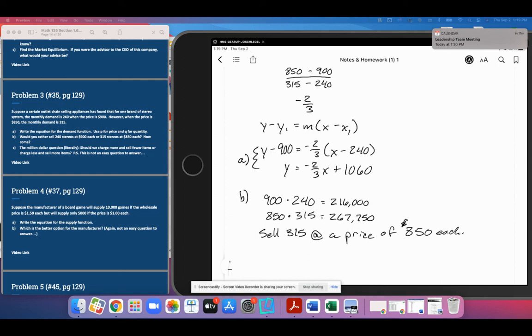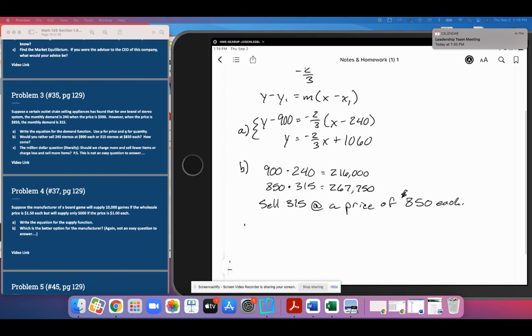And then part C literally is the $1,000,000 question. Should we charge more and sell fewer items or charge less and sell more? And that answer is very simply, it depends. There are a lot of factors that go into that, everyone, and that's a good thing for us to start thinking about now as we move into these subsequent sections of this course.